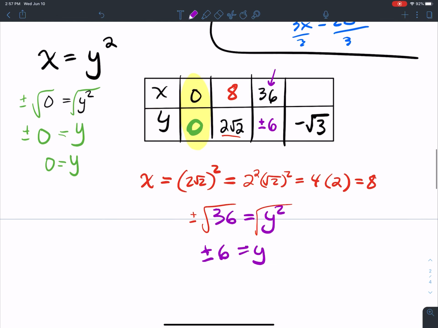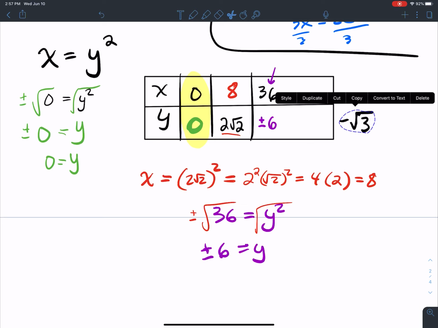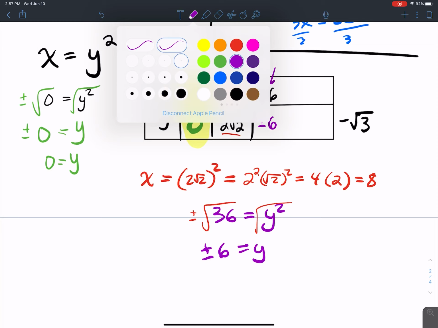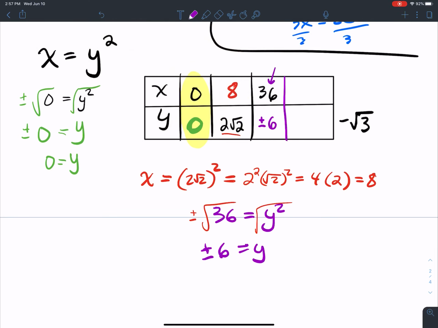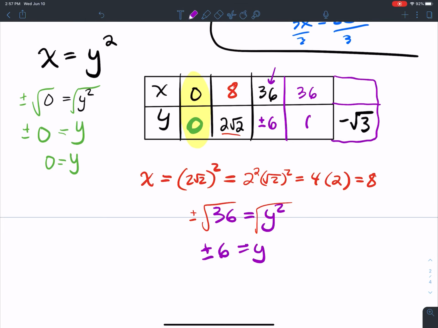If you wanted to make 2 boxes, you could. I didn't ask you to here, but you definitely could do that. If we made 2 boxes out of this, you'd have a negative 6, then a positive 6. But you can just put the plus or minus and you'll be just fine.